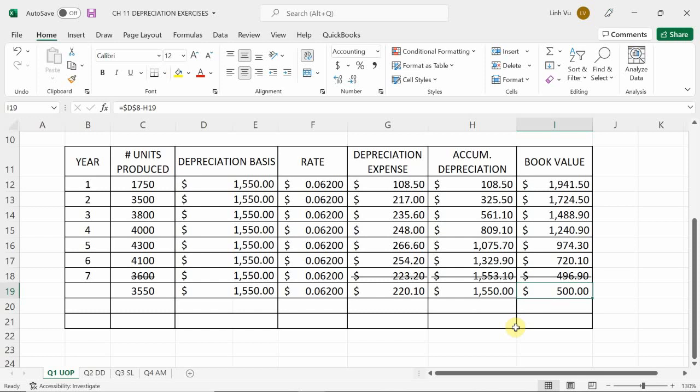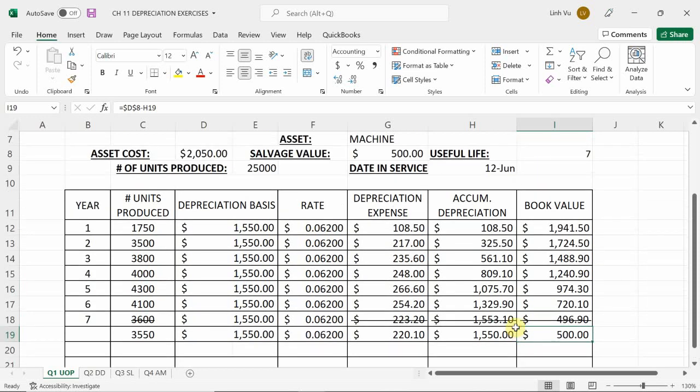We minus from the 202. Okay. Yeah, we got just 500. Okay, so there you go. Now we can finish this and we're done with this one.